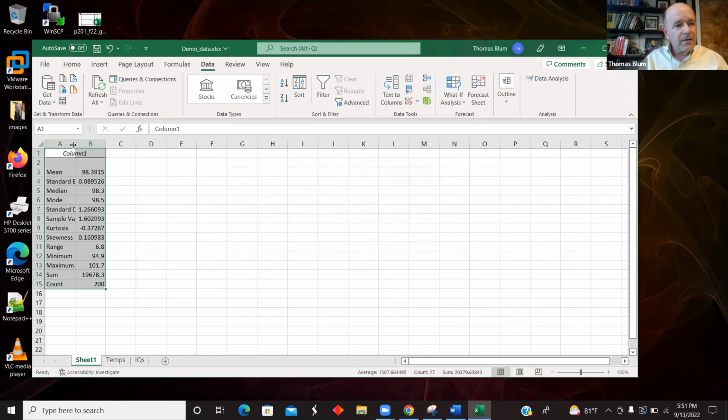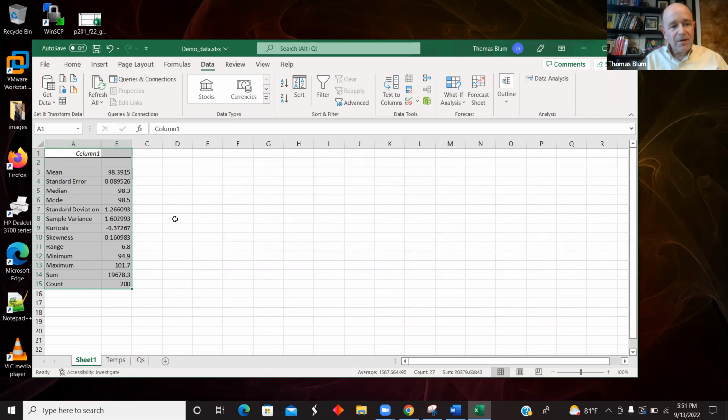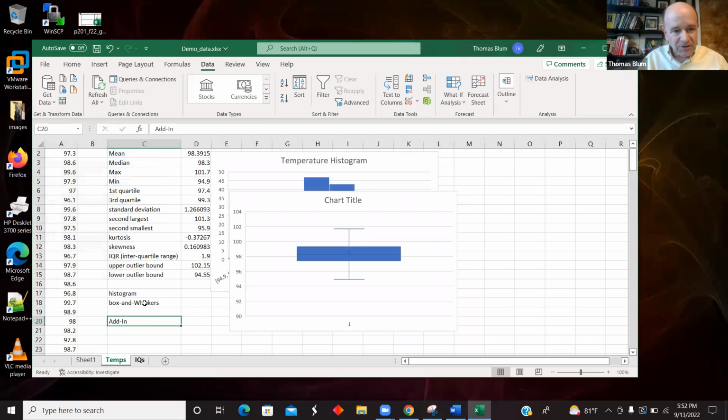And then this automatically gave me the results, without me doing all those individual functions. Now, it's useful to know the individual functions in case you want to do something further with it, like when I wanted to find the upper and lower outlier bound, that was based on the IQR, which was based on the first and third quartile.